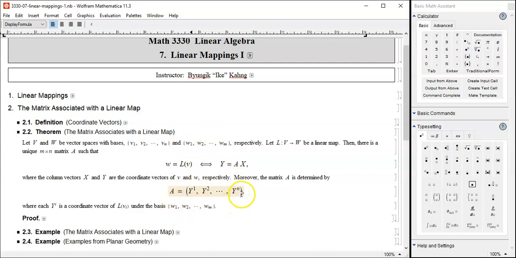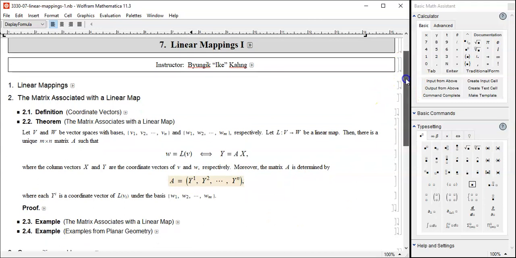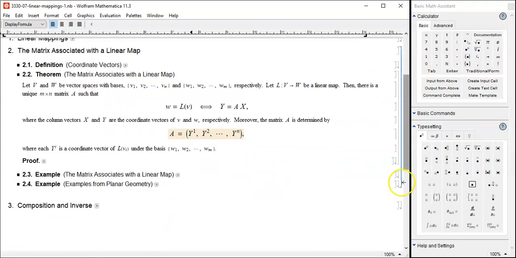That happens to be the matrix expression. Oh boy, it's a little bit difficult to understand at this moment because it's highly theoretical and the expressions are hard to understand. So before going over the proof, let's go over examples first.